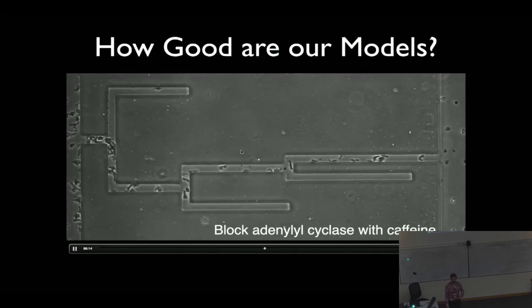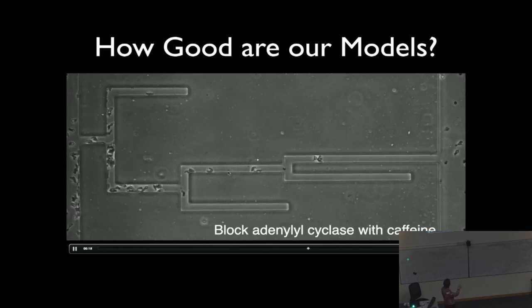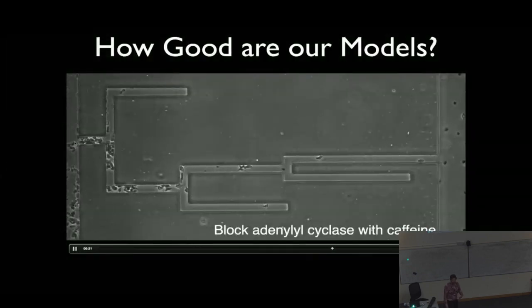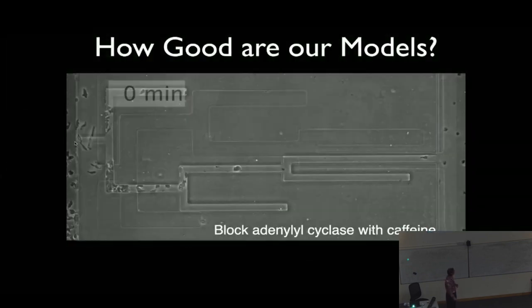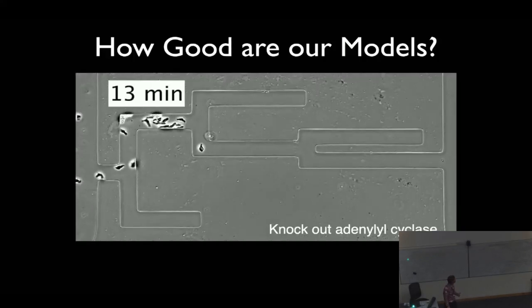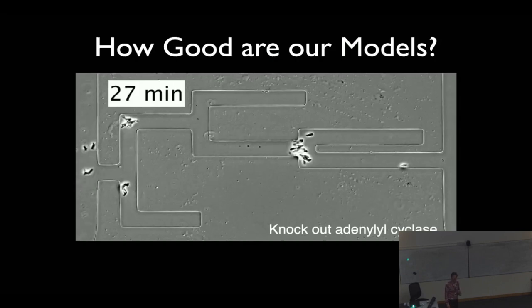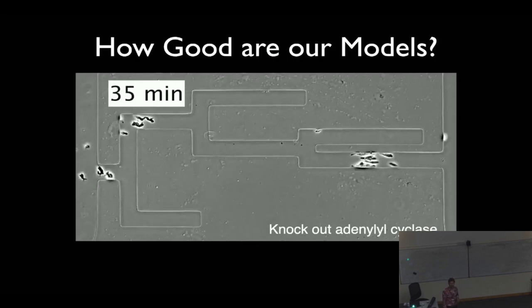So in order to test whether or not our models were really right, we deleted the gene for the adenyl cyclase that makes the cyclic AMP. And when you delete the gene and repeat the experiment, you find, yes, the cells behave exactly the way the model predicts they would.